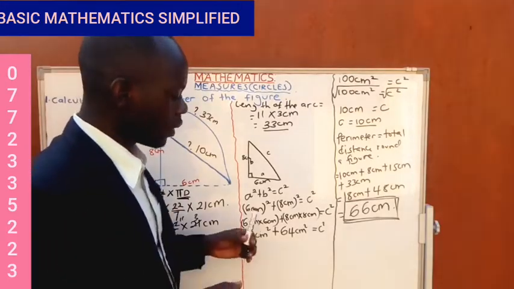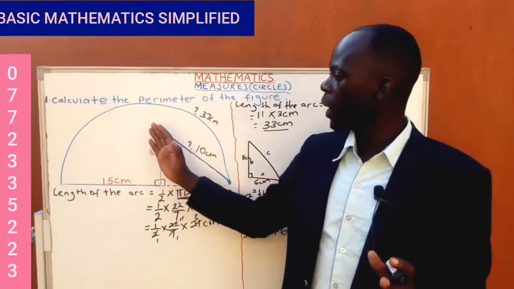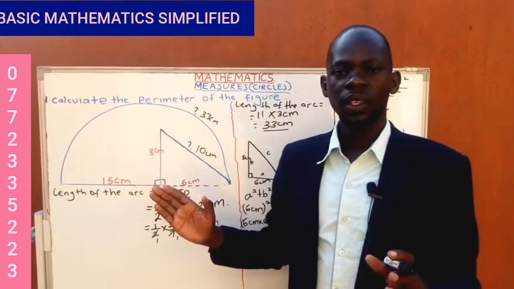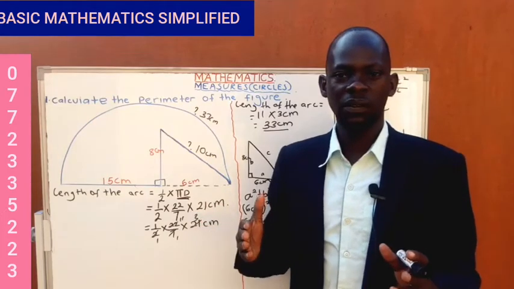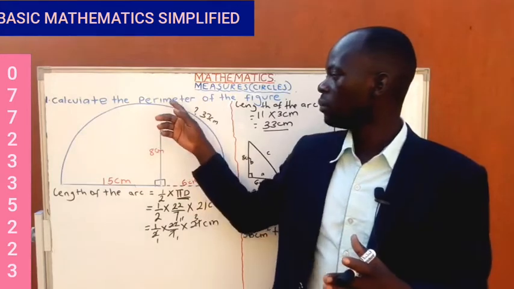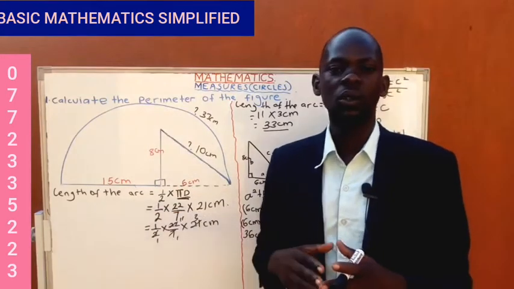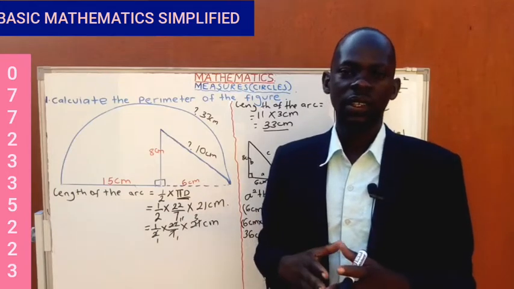Now, with calculations about this, sometimes they can give you numbers. You should be able to identify the shape. Remember, a semicircle can be divided into two, and then we get quadrants.